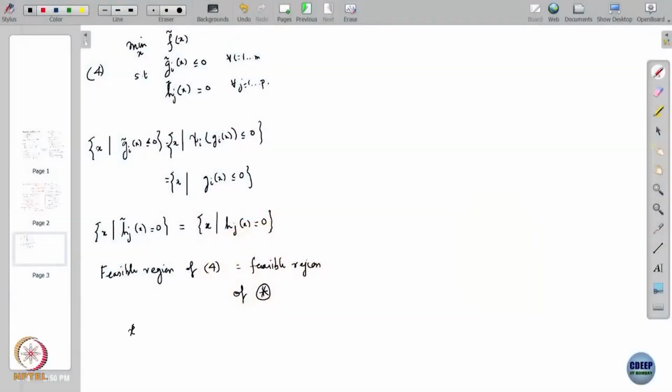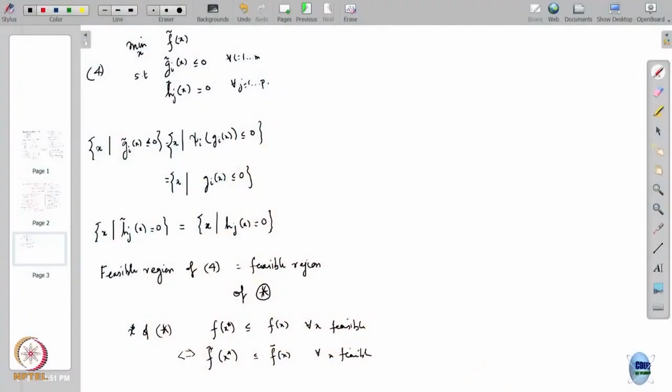So, if you have a solution x star of star, so that f of x star is less than or equal to f of x for all x feasible, then it will also be that f tilde of x star is less than or equal to f tilde of x for all x feasible. This is because on an inequality I can always apply a monotone increasing function, and that does not change the direction of the inequality.